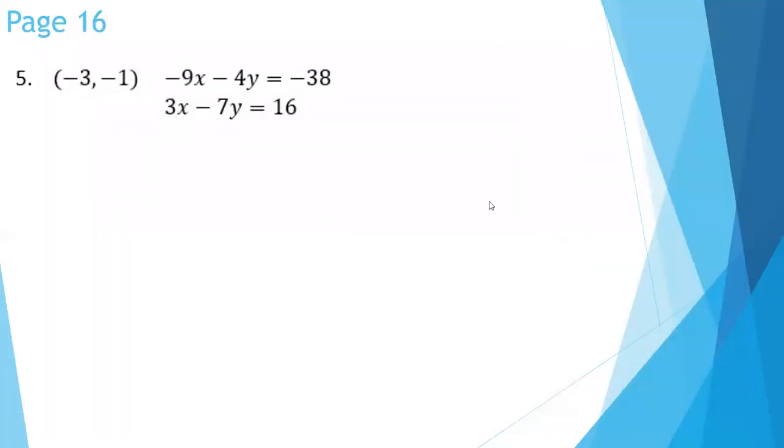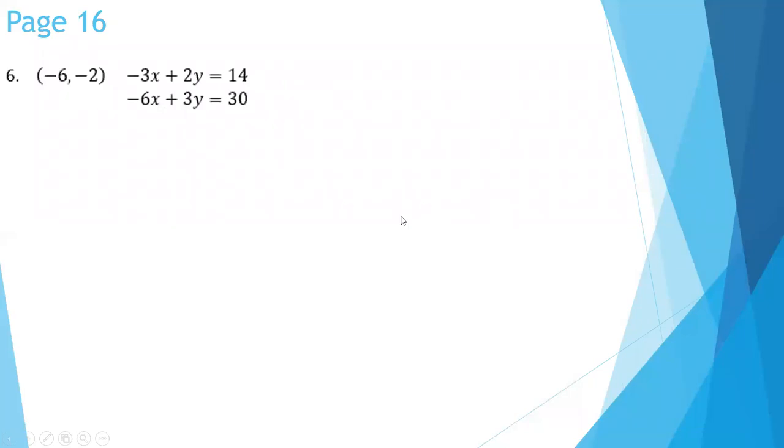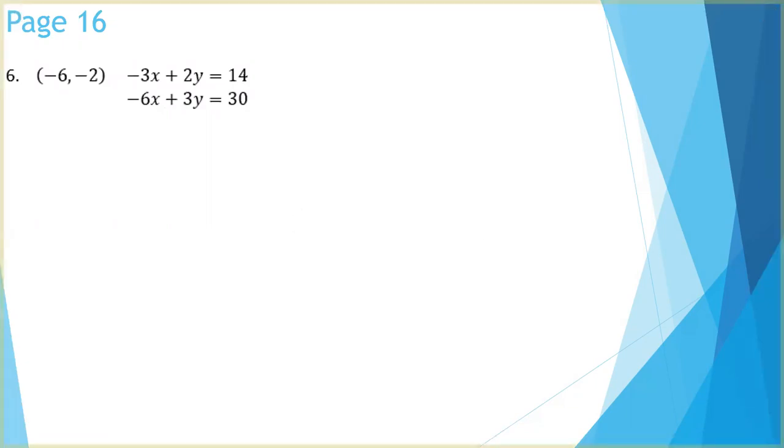Okay, so for our next example, go ahead and copy down question number 6. And it's the same process. What we're trying to figure out is, is the point -6, -2 the solution?